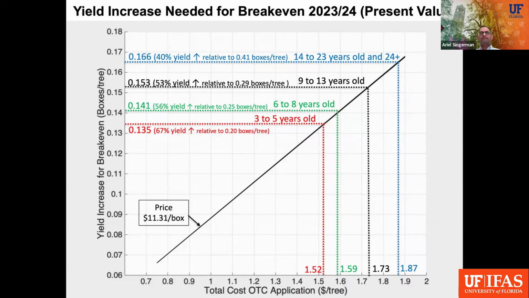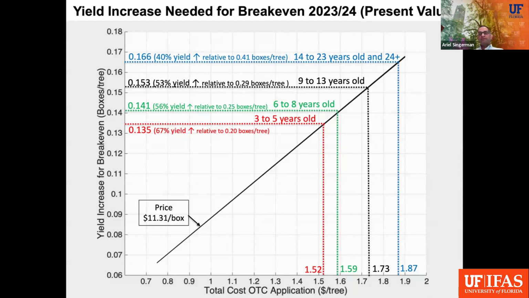And if that is the case, then the yield that I calculate is needed for break-even is an increase of 0.135 boxes per tree. That represents a 67% yield increase relative to the average of that tree age group of 0.2 boxes per tree.